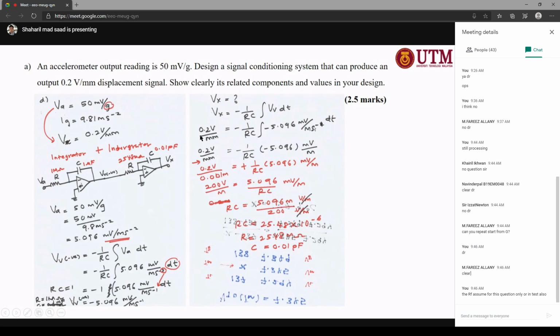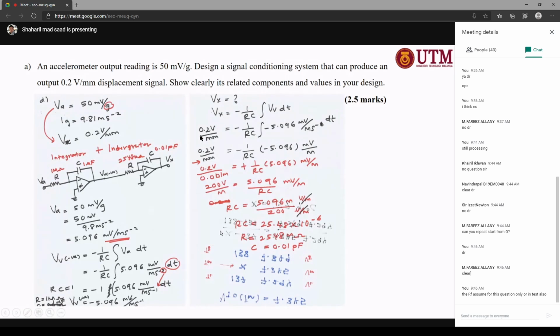So this one will be meter per second, this one will be lost, it will be left with meter, right? And then you divide 5.096 by 200 here, and then you will get the value for R times C here, and then you can choose any value for R and C here, right? And then you will design your circuit for the accelerometer.